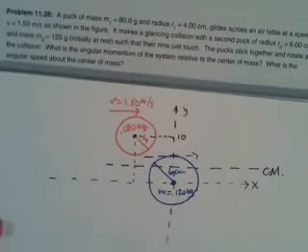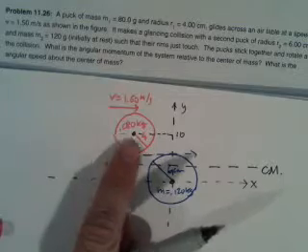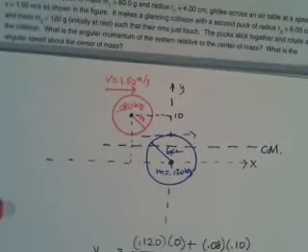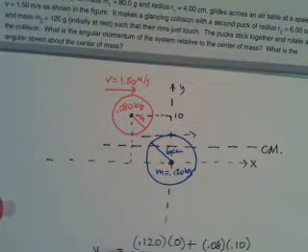Okay? So to figure out the momentum that this puck has relative to that center of mass, we use the formula I omega.